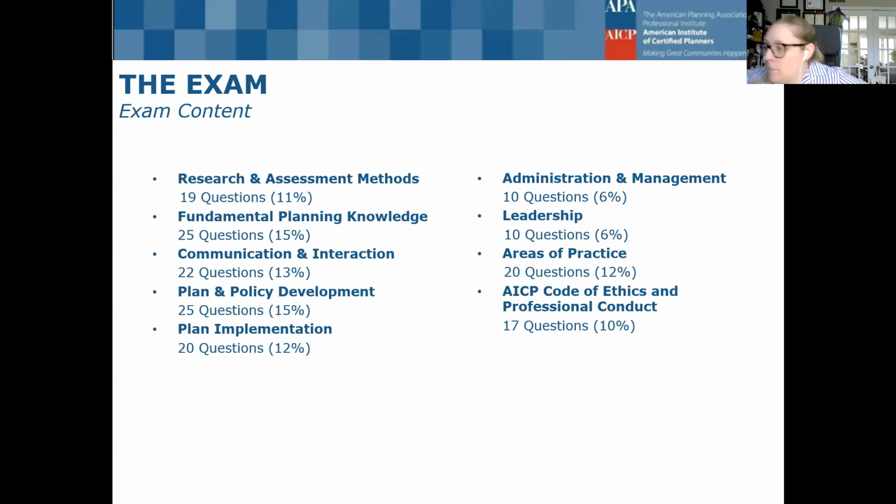Okay, so content. We're not going to get into the actual content in this presentation, but there are a variety of categories of knowledge that you need to understand. You can see how many questions are for each of these topics. Keep in mind that the AICP Code of Ethics is one of the top knowledge areas, so you do need to read and understand it.